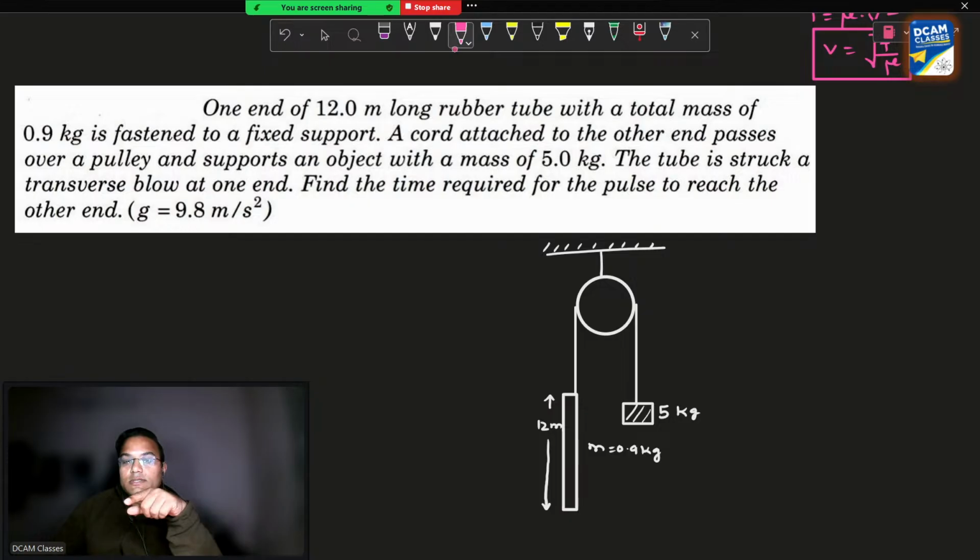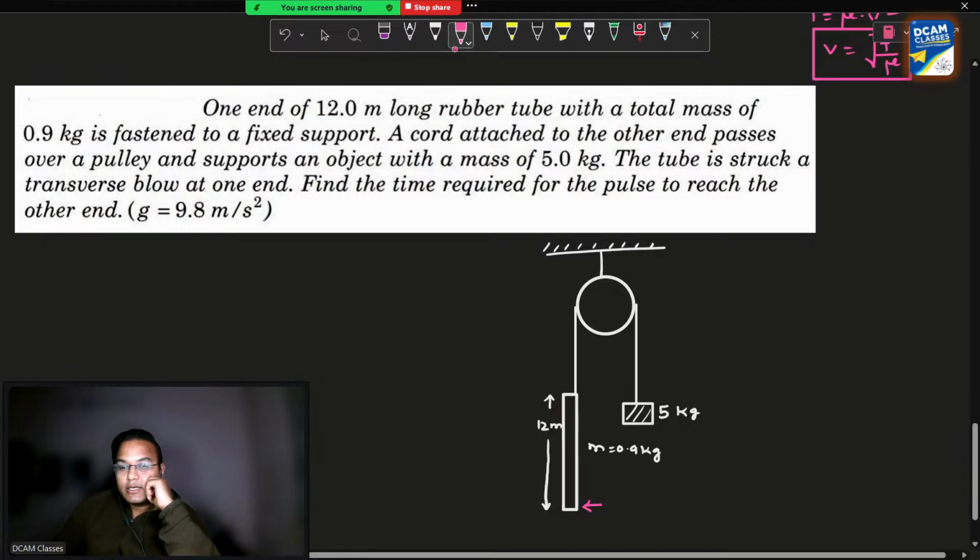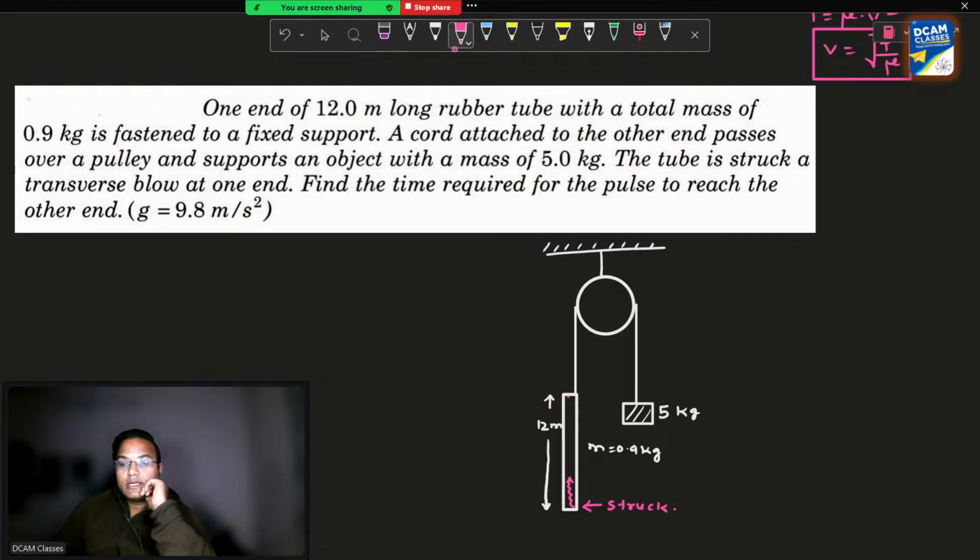The tube is struck with a transverse blow at one end. Find the time required for the pulse to reach the other end. Means they have struck it at this point. What is the time taken for the pulse to reach this end? The other end they are asking.